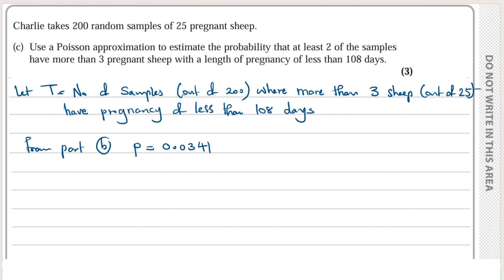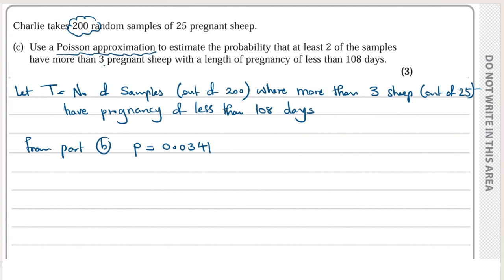That's from part B. Now, since n, which is 200, is large, and the probability is small, 0.0341, we can use a Poisson approximation, but the question specifies it itself.